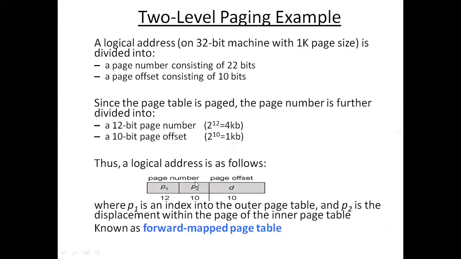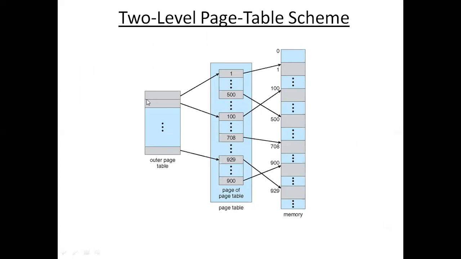In this example, the bits representing each page table are 12 bits here and 10 bits here. Each 12 bits of the outer page table is mapped to each 10 bits of the inner page table. 12 plus 10 will be 22. So that address is considered and looked up in the physical memory.